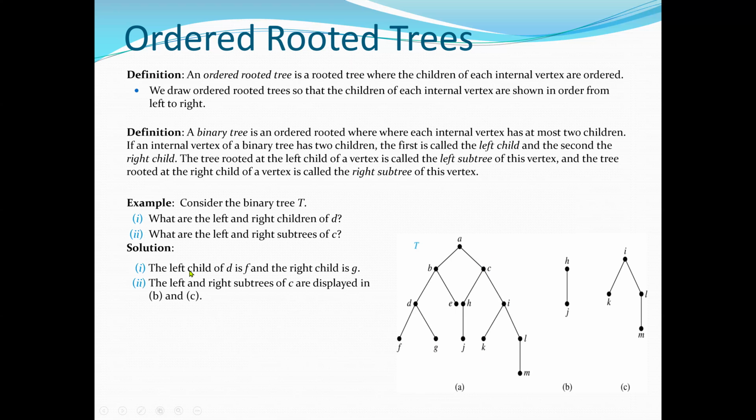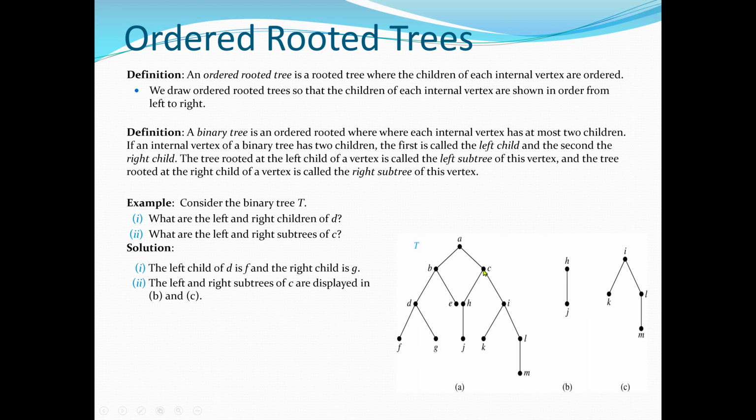So here we say the left child of D, as we said earlier, is F, and the right child is G. Now the left and right subtrees of C are displayed in B and C. The question said, what are the left and right subtrees of C?